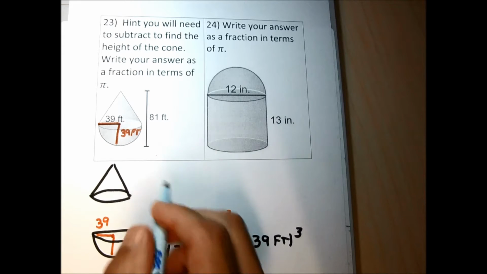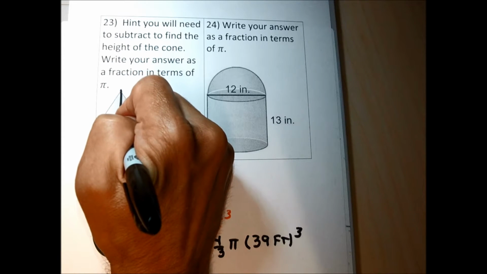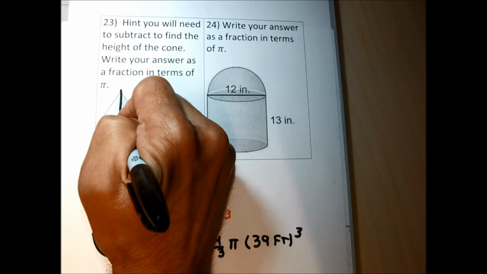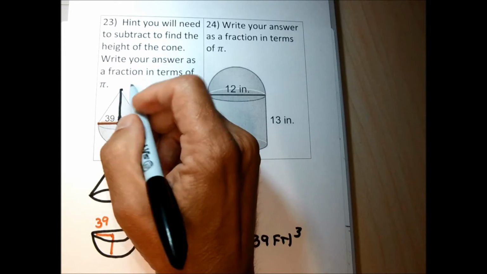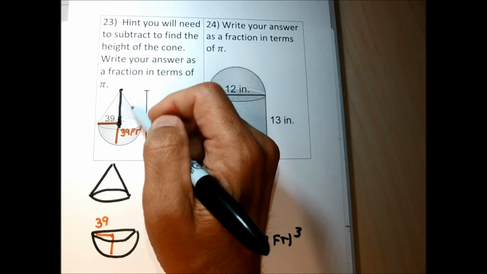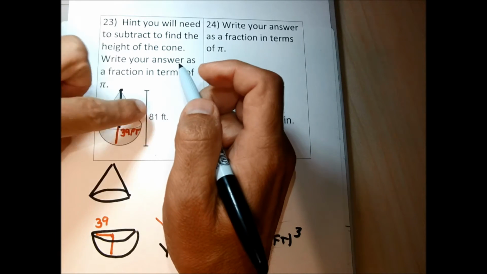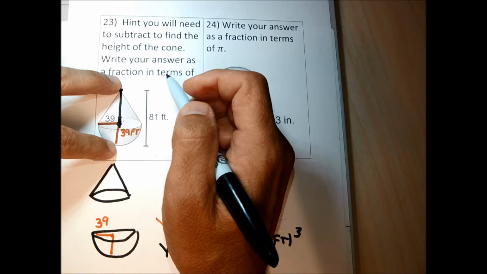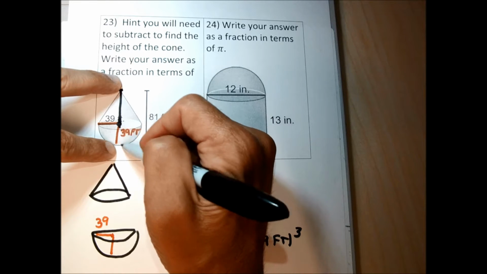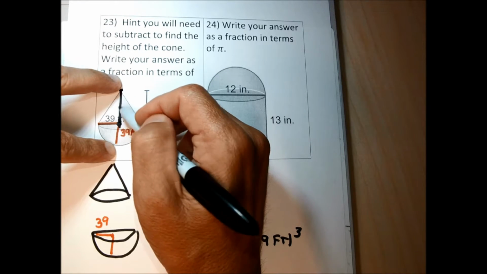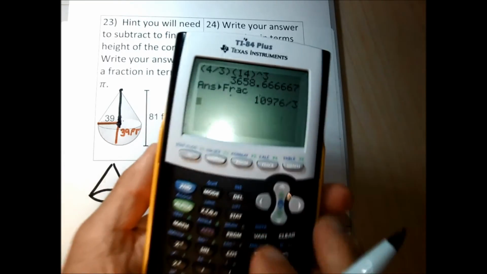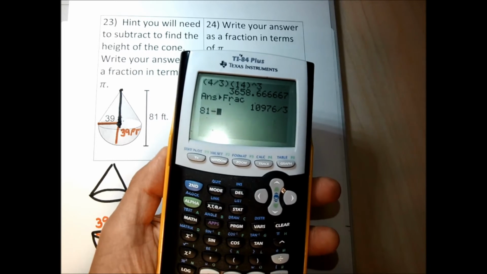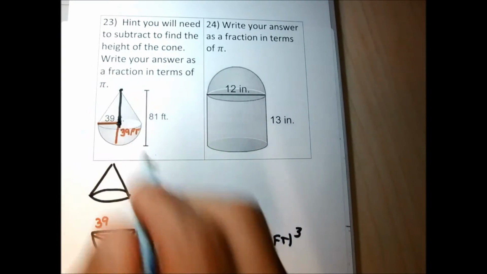The top of this is a cone, and the distance from the center of the base to the point isn't 81 feet. 81 is the distance all the way from the top to the very bottom of this. This distance right here is the difference between the 81 feet from the very top to the bottom minus the 39 feet from the sphere part. So I'm going to have to subtract 81 minus 39 to get the height.